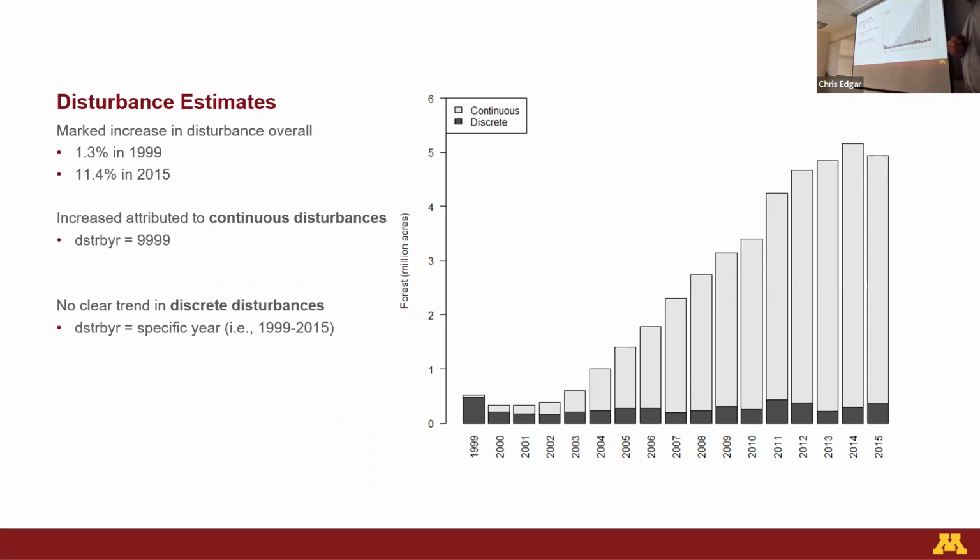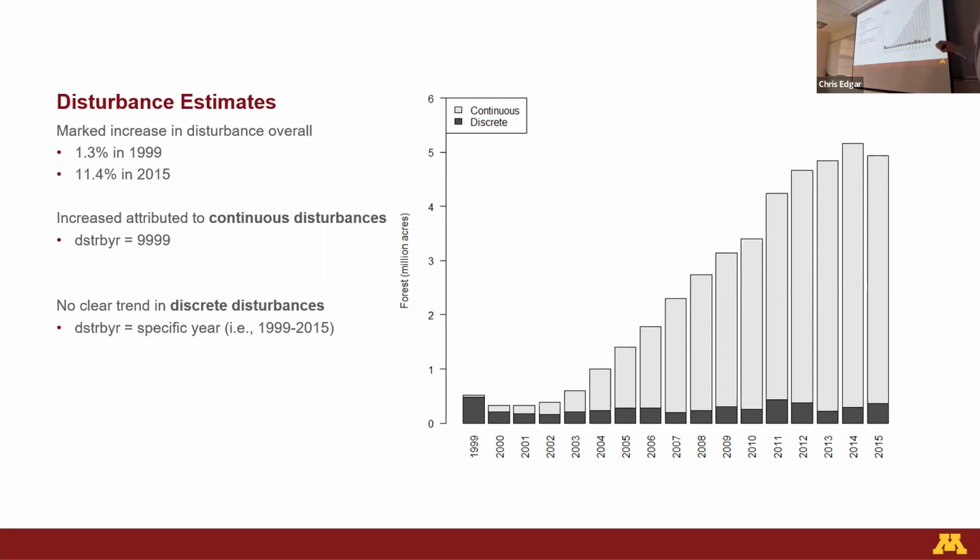Well, when the foresters are on the plot and they're doing a call on disturbance, they assign a year of that disturbance. And so, you know, if they're out there in 2015 and it's something that just happened, they might say disturbance year equals 2015. That's a discrete disturbance, like 1 year time span. And so I'm calling those discrete disturbances.